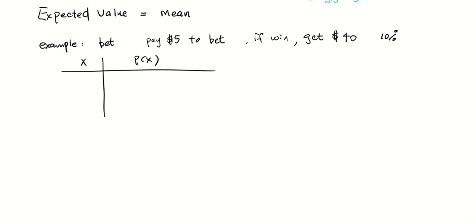Okay. So first, for the x value, if you win, you will win 40 minus the $5 you paid at the beginning. So it's $35. And if you lose, you will lose $5.